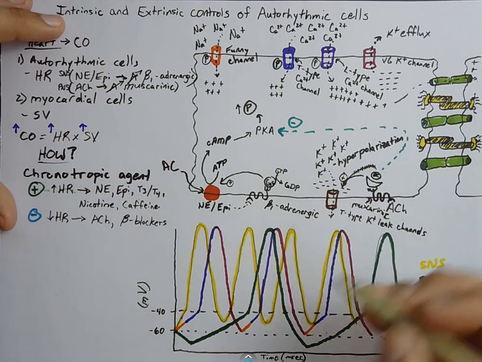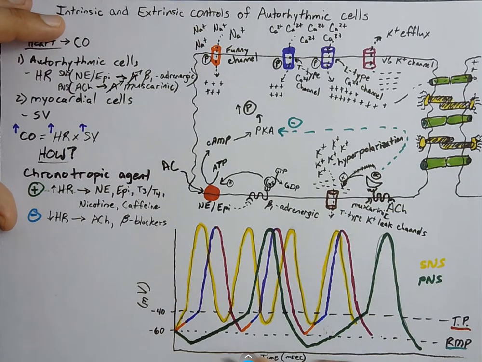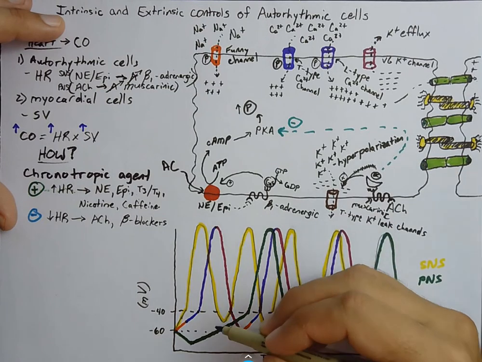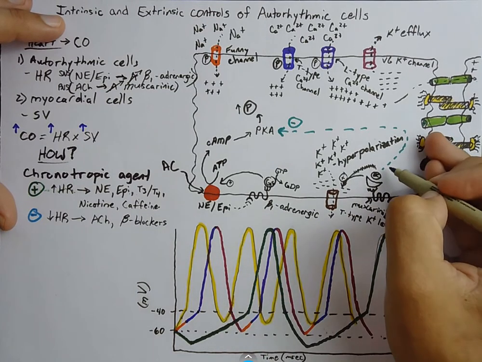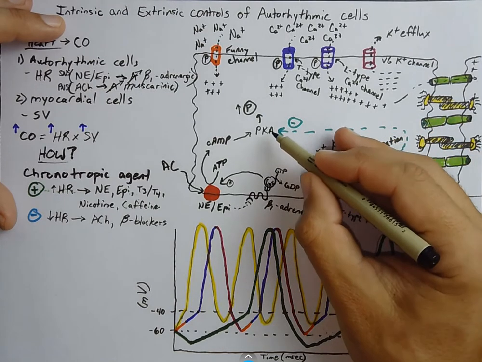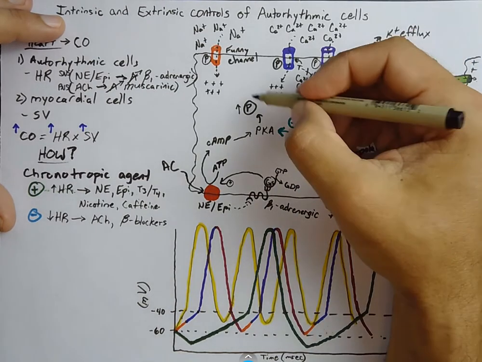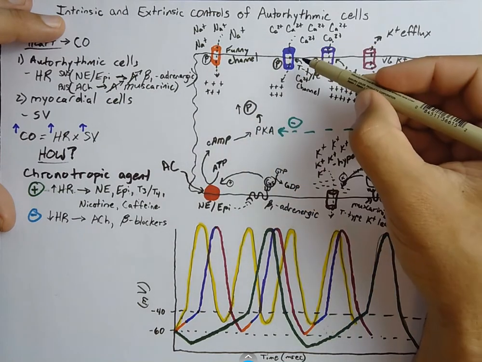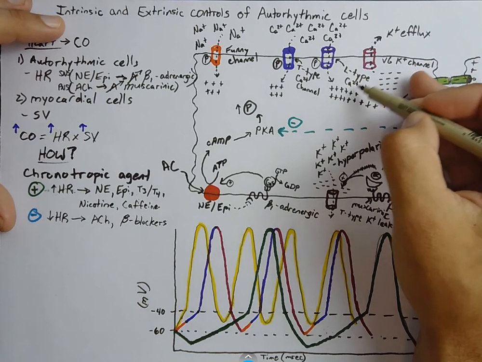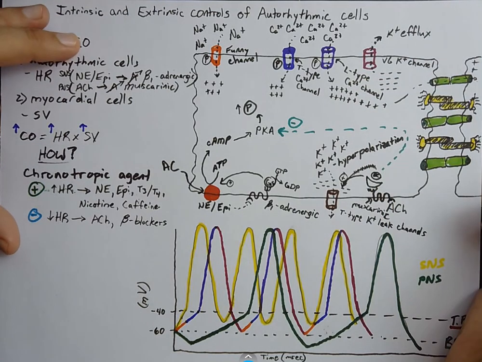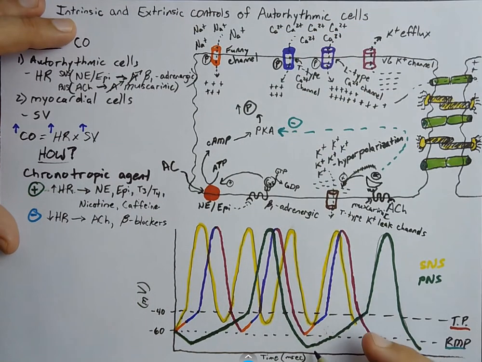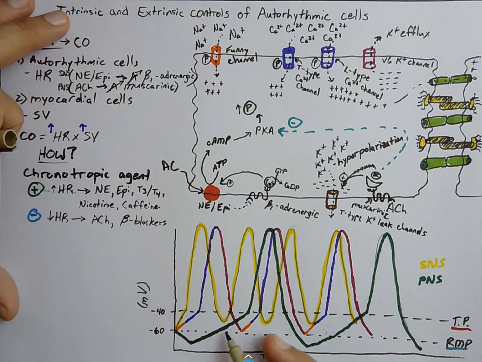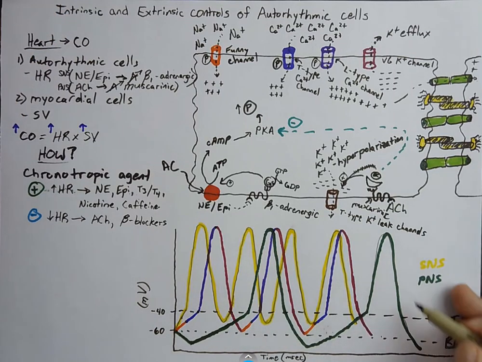And potassium leaks out, hyperpolarizing that cell membrane. The alpha inhibitory subunit is going to go and inhibit PKA. Therefore, less phosphorylation of funny channels, less phosphorylation of T-type calcium channels, and less phosphorylation of L-type calcium channels. So what's going to happen then? Well, now calcium and sodium can enter more slowly, which levels off the slope of that depolarization. In other words, it decreases the rate of depolarization, thus hitting threshold potential at a later time.